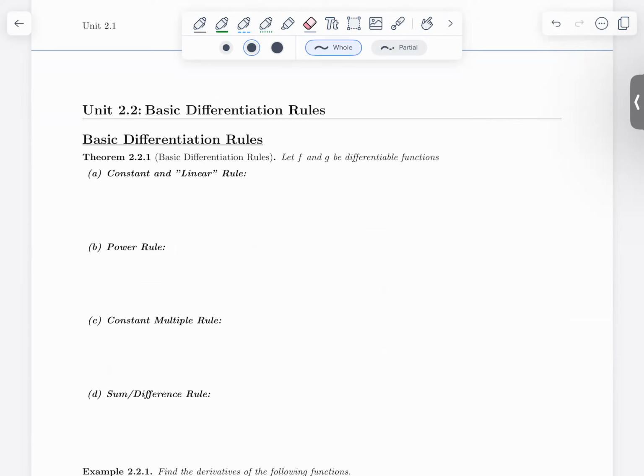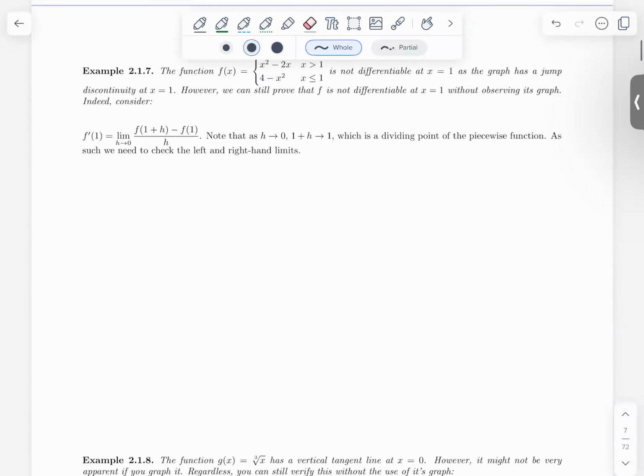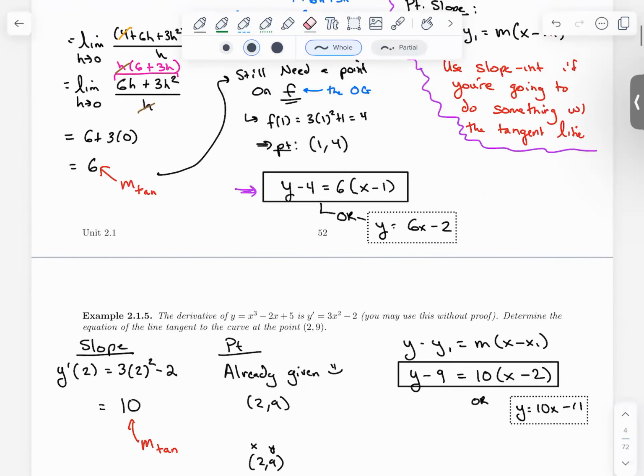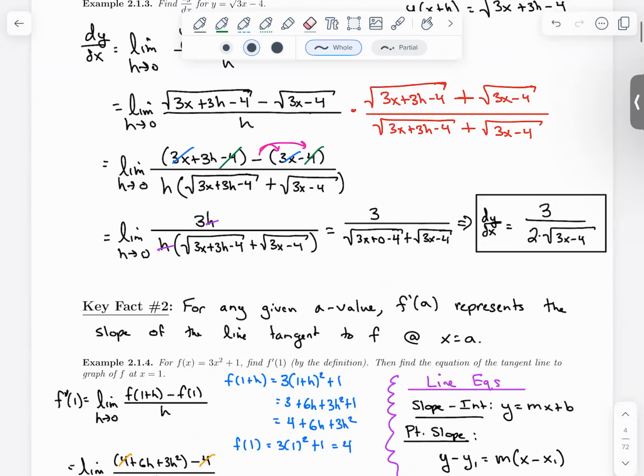So mathematicians figured out the definition of the derivative, and they said there's got to be a faster way. There's got to be a less tedious way, because doing this right here for problems seems very tedious. In addition, that's just with the square root.